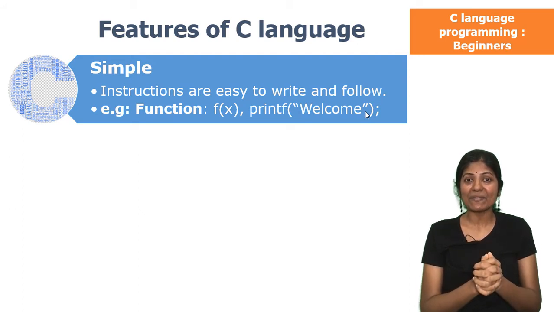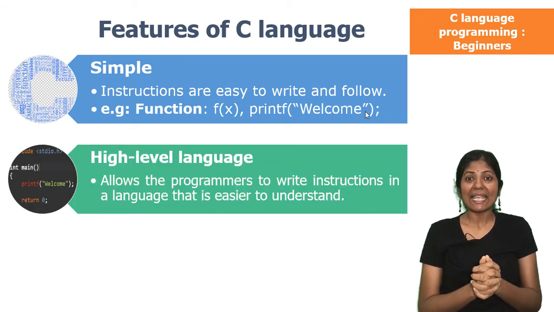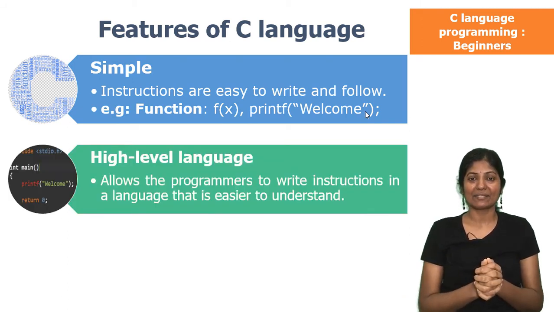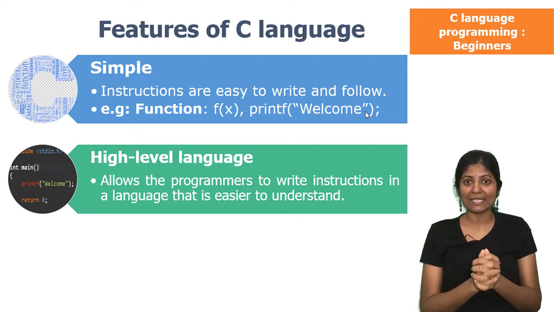Let's see the next feature of C program. C is a high-level language. Then, what is high-level language? If a language allows us to write programs in a language that is easy to understand, then that language is called high-level language.